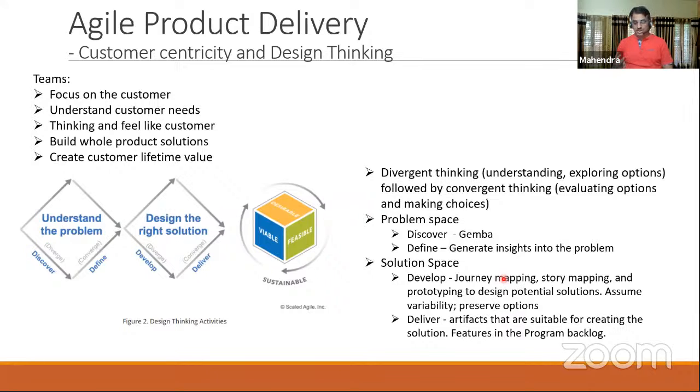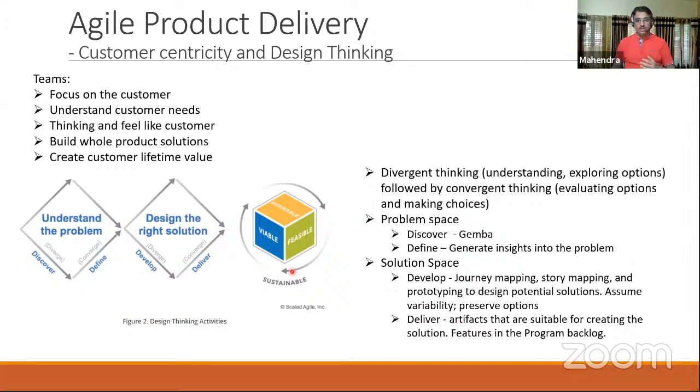When we develop a solution, then you deliver the solution. It could be the features or epics that get into the program backlog. So you discover, define the problem, then define the solution, and you create solutions which are desirable, viable, sustainable, and feasible. All four aspects are important.